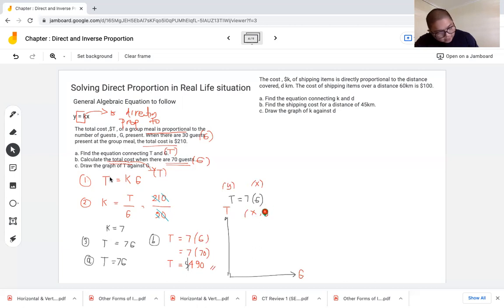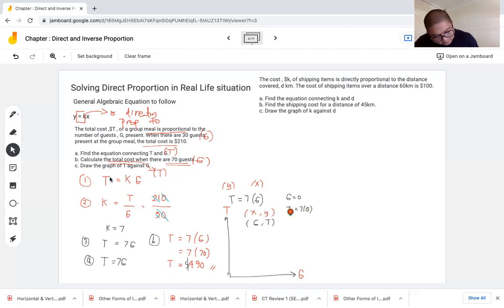This time, we are going to use G, T. All right. So just the same procedure on how to get the answer. All we need to do is to look for the smallest value of G for us to get a certain value of T. So let's say, for example, if my G is equivalent to 0, what I need to do is to just put it into the equation. T is equivalent to 7 times G, which is 7 times 0.